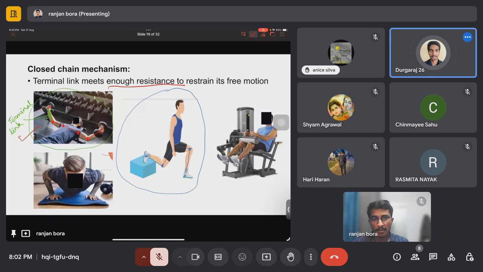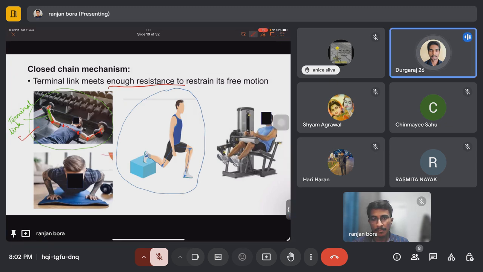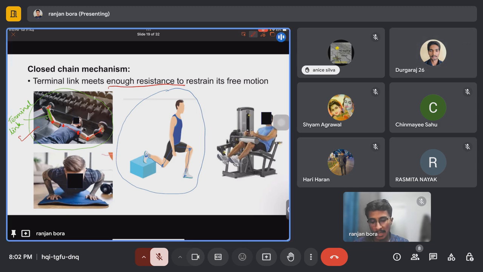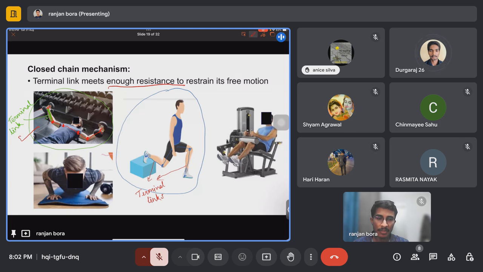Terminal means the link at the end. So the heel and the knee behind. Yeah. This link and this link, these are the terminal links. So are these terminal links free to move, or are there some constraints from the ground?